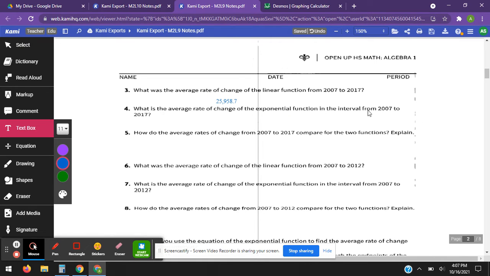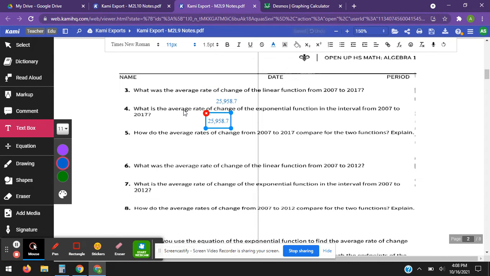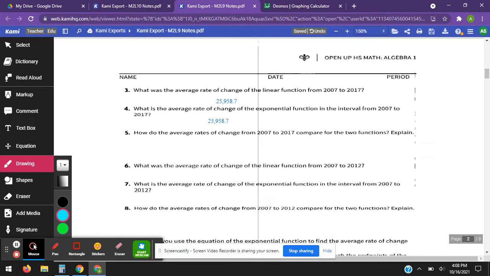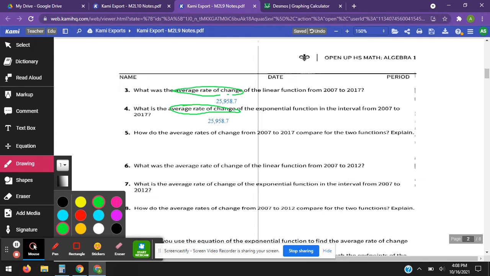If we go from those 2 points, it's still 309,587 minus 50,000 divided by the 10 years, which is 25,958.7. Just to clarify, the average rate of change is basically the slope between those 2 points, right?